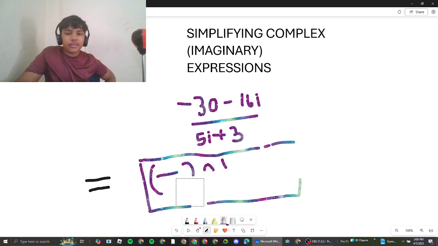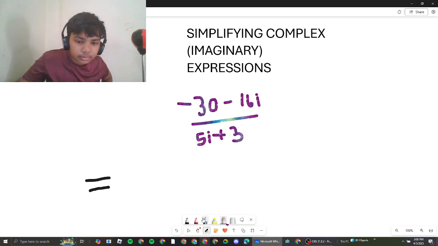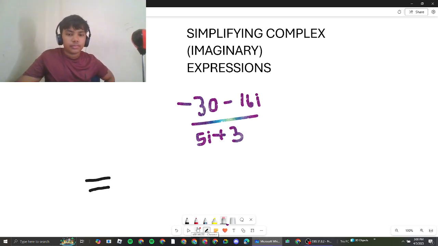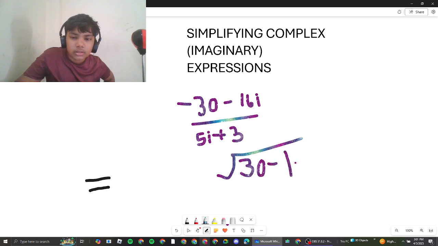So, if you want to solve this, you can use the polynomial long division method. So keep the bigger number right in here: minus 30 minus 16i. This is the bar, and then 5i plus 3.